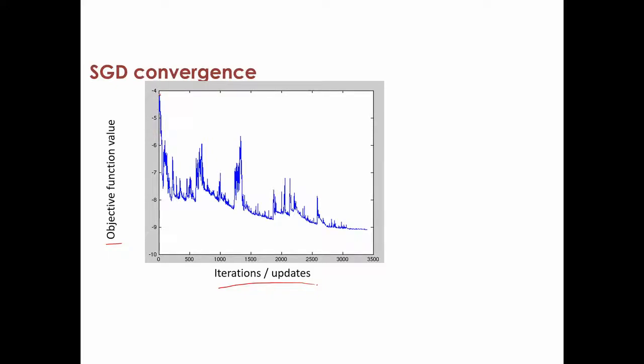It is not a descent method, unlike gradient descent or the batch gradient descent algorithm, where in every iteration your objective function value decreases, or you can at least ensure that it decreases. Here it is not like that. The objective function value keeps jumping around, and that is understandable because these are very noisy gradients, using only one data point.